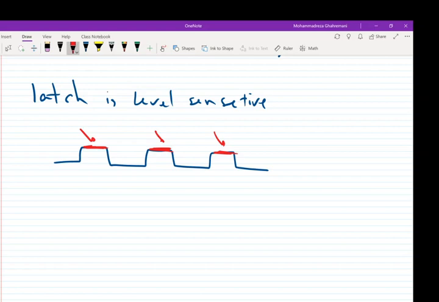So as long as the clock is active, changing the input may change the output.